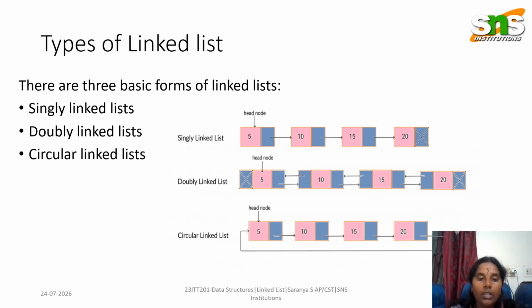The next one is the circular linked list. A circular linked list is a type of linked list in which the last node's next pointer points back to the first node, creating a circular structure. The design allows for continuous traversal of the list, as there is no null at the end of the list.